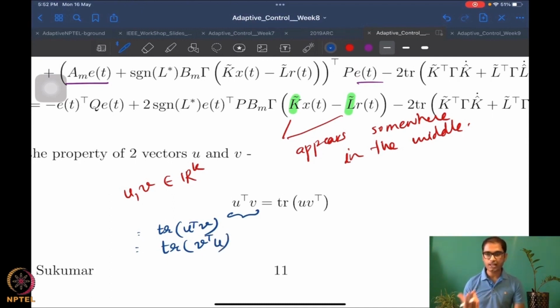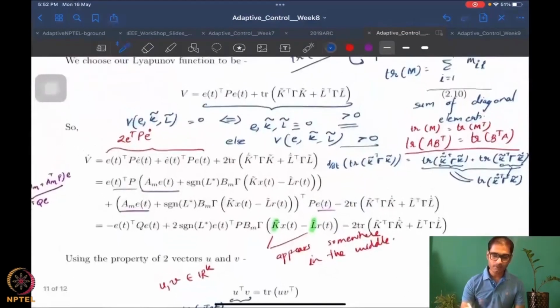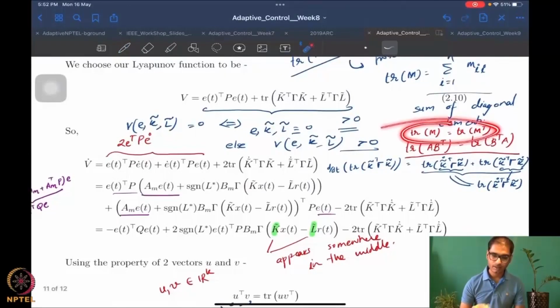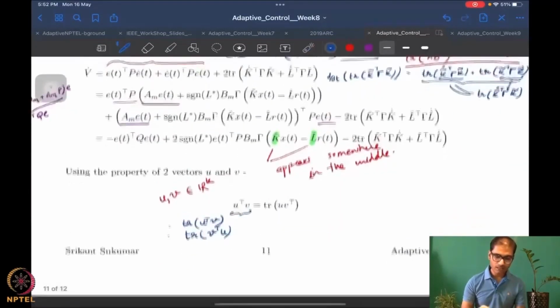Take a transpose of a scalar, I get the same scalar, and the trace of a scalar is also the same scalar, because a scalar can be seen as a trivial 1 by 1 matrix, right? So the sum of diagonals is just the scalar itself. So U transpose V is the same as trace U transpose V, and trace U transpose V is the same as trace V transpose U, because again we're just transposing it using this identity. And then finally I can flip the order.